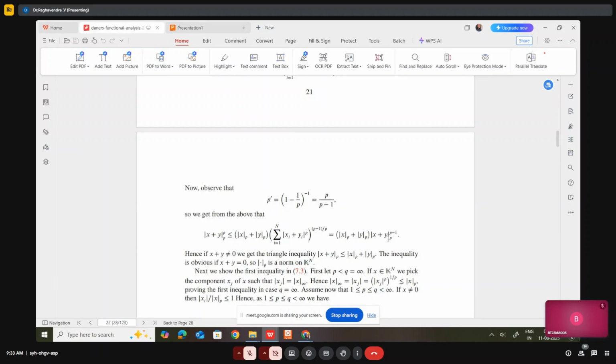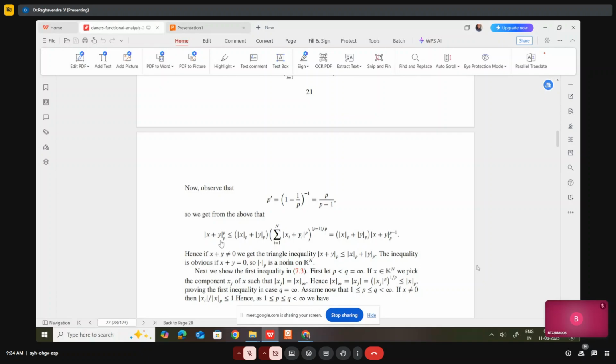When you divide, you have to make sure it is not 0. This is the place where you use the fact that x plus y is not 0. That's what I am trying to point out. Since x plus y is not 0, you push it to the other side. All right, so that's the story.